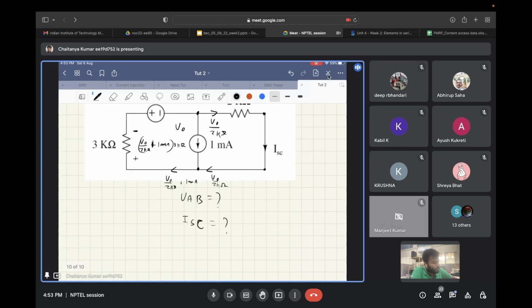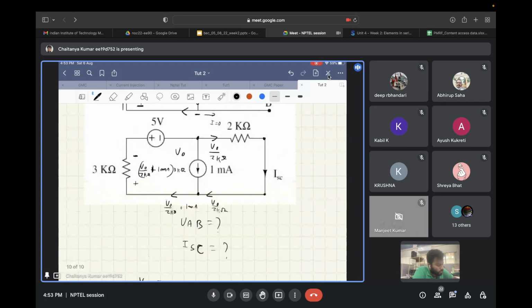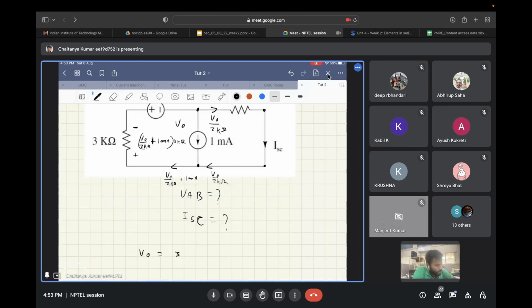So V naught can be written as the voltage developed across 3 kilo ohm plus the 5 volt. Now I will take this kilo ohm inside. So kilo and milli will cancel, and kilo will cancel in numerator and denominator. So V naught by 2 plus 1.